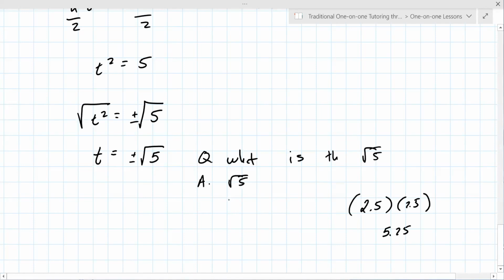That is what it is. You want to assign it a numerical value, but its numerical value is the square root of 5.